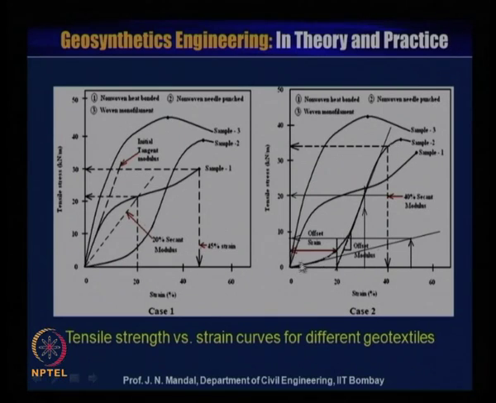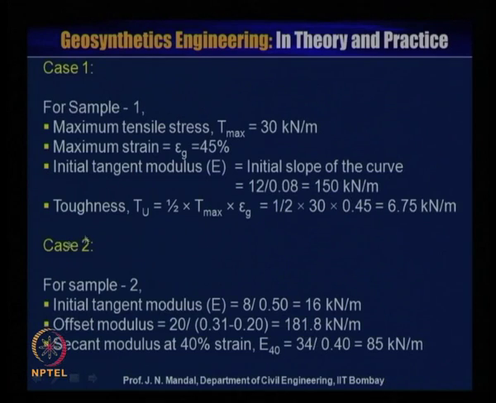So, this is the initial tangent modulus. You can see this is the initial tangent modulus. So, for the initial tangent we take a strain and you know the corresponding strain. For sample number 2 or case 2, we want to calculate the initial tangent modulus E, which is equal to 8 by 0.50.